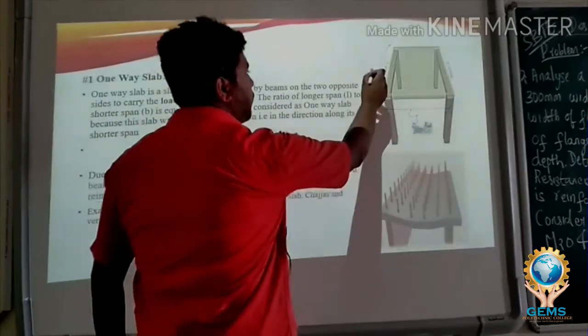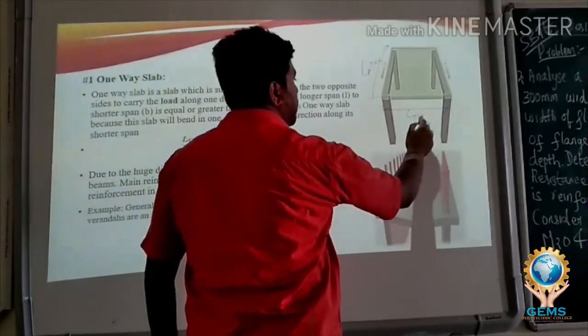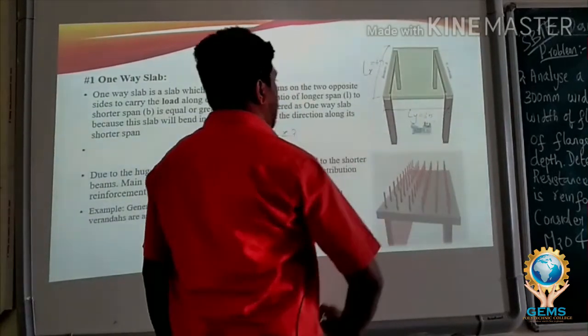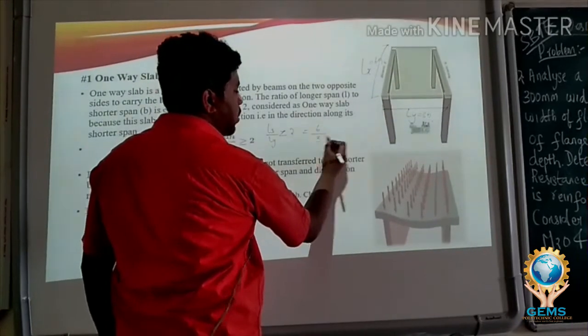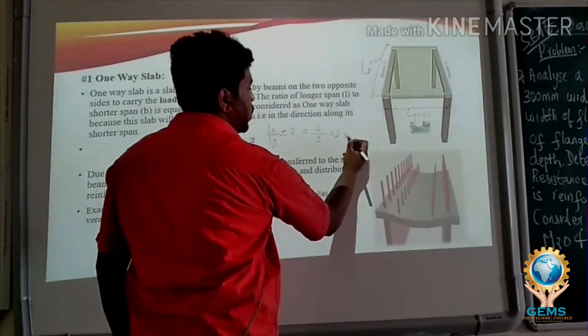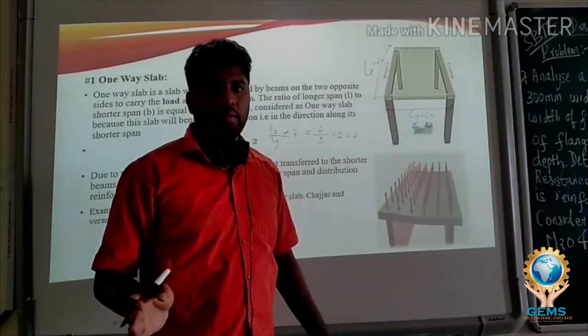For example, if this is 6 meter and this is 3 meter, 6 by 3 is equal to 2. So this slab is considered as a one-way slab.